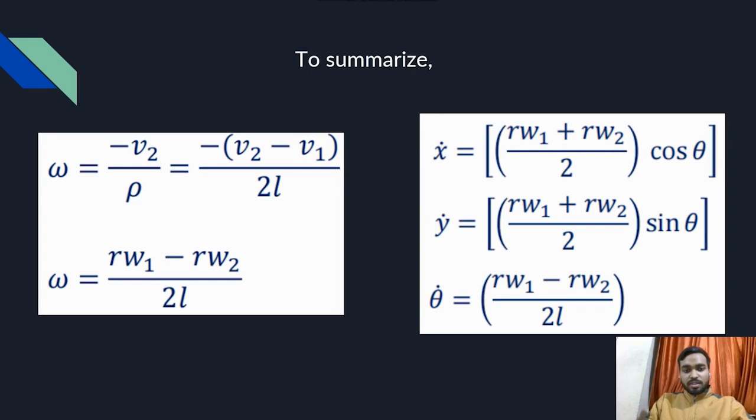To summarize, here rho is the distance between the wheel having omega 2 and ICR. So we get omega is minus v2 by rho is equal to minus (v2 minus v1) by 2l. And then we can get the omega of the bot as (r omega 1 minus r omega 2) by 2l.